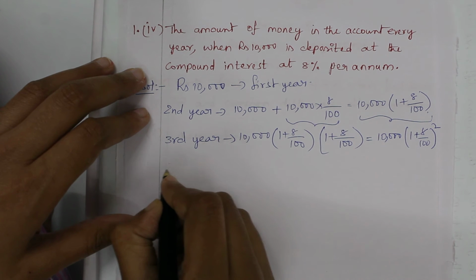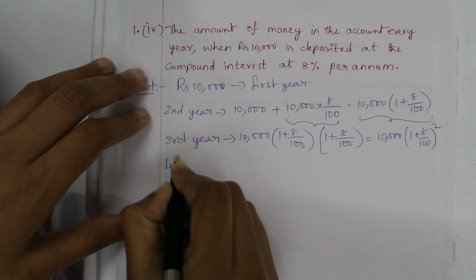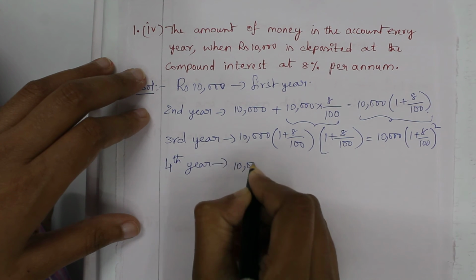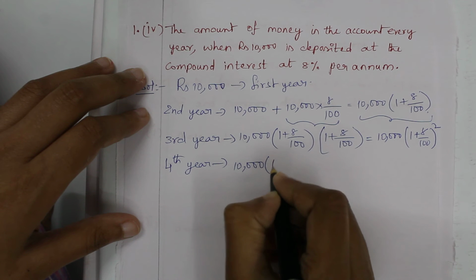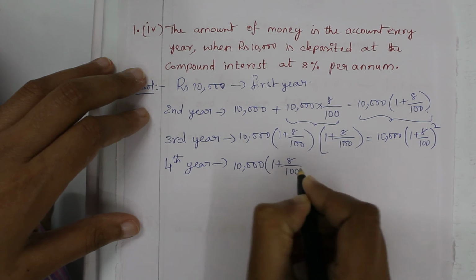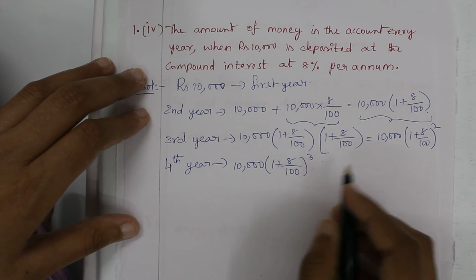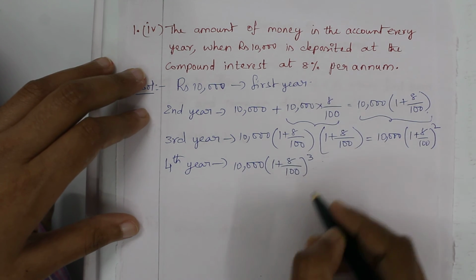So clearly we see what would happen in the fourth year? Let's look at the fourth year also. 10,000 into 1 plus 8 by 100 whole cube. So this is how it keeps on increasing.